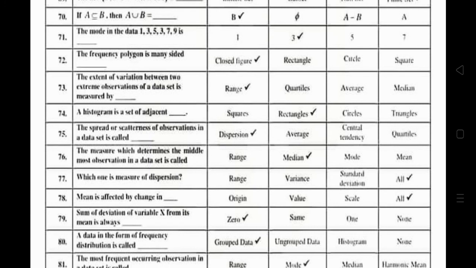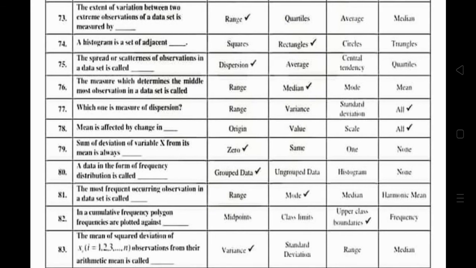Which one is a measure of dispersion? All. Mean is affected by change in all. The sum of deviations of variable x from its mean is always 0. Data in the form of a frequency distribution is called grouped data. The most frequently occurring observation in a set is called mode.